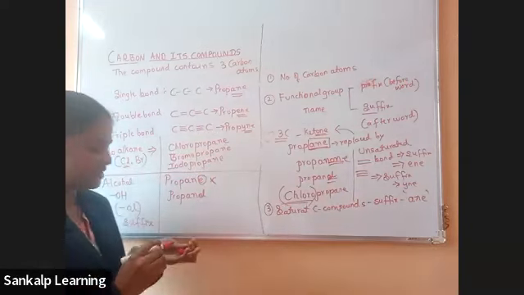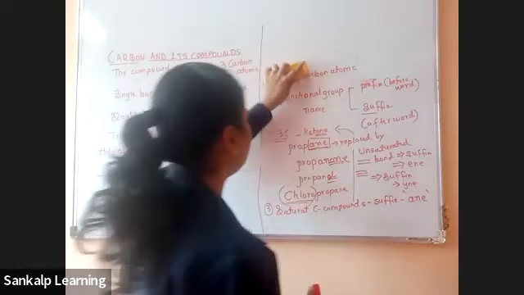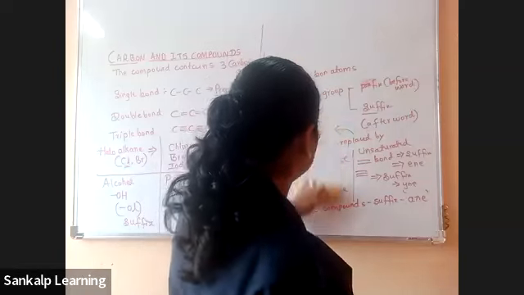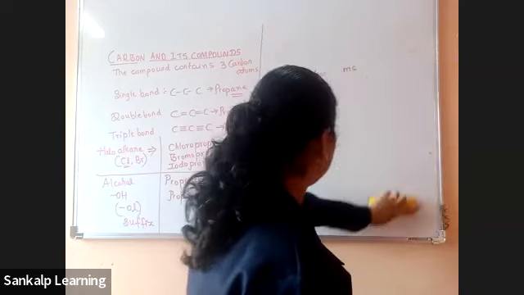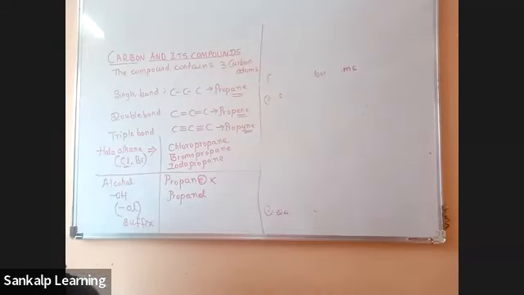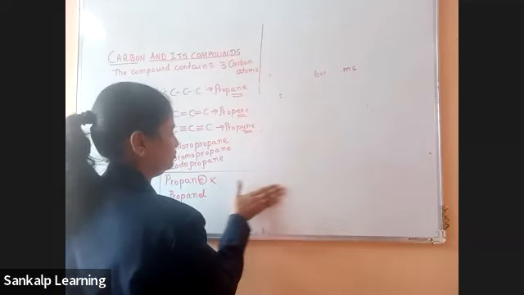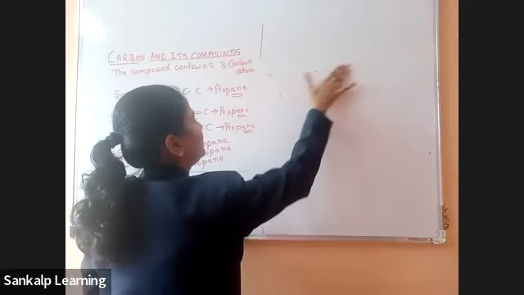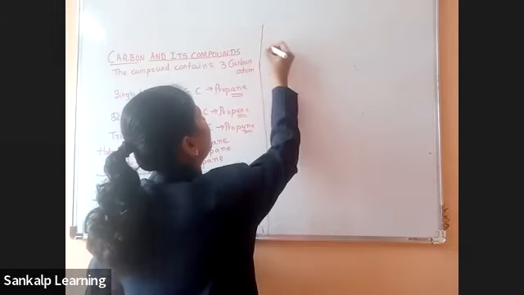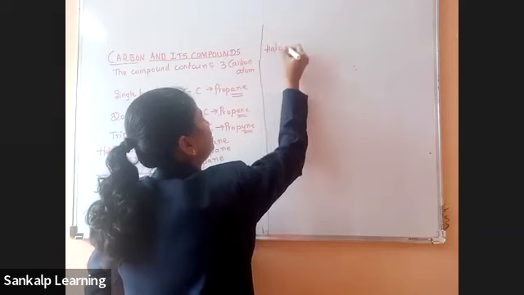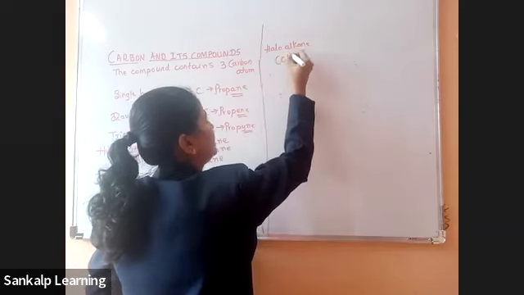Okay. Now, similarly, if aldehyde is attached to it, let us write the skeletal of this also. Let me write here so that it will be clear for you. Let me take, if haloalkane is attached, let me take it as chlorine is attached.